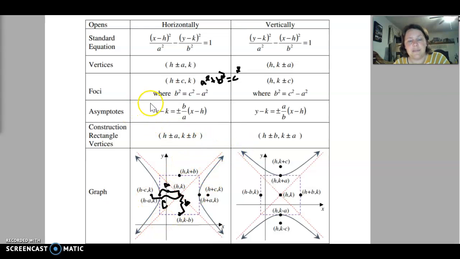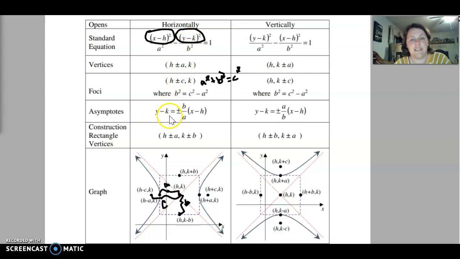Main thing about your asymptotes, we don't want to make asymptotes difficult. So it's going to be y minus k. Also notice the x minus h over here. That's exactly the same thing as in the equation right here. So if you're given the equation, you have half of your asymptote equation already.